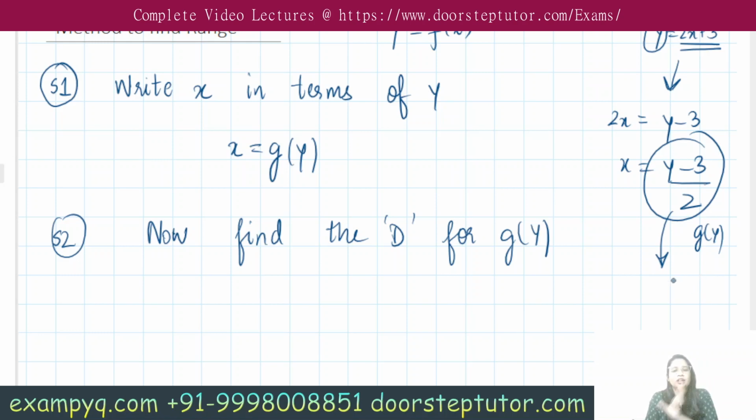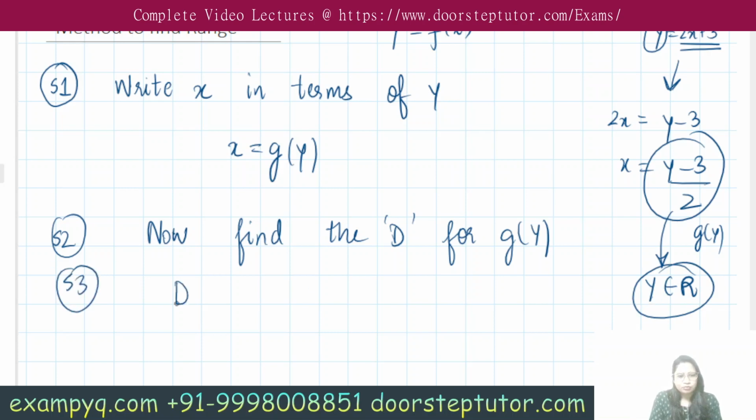So the domain D will be y belongs to all real numbers, because it doesn't have a square root, it doesn't have a rational kind of thing. That's why the domain is all real numbers. Now step 3: the domain of your g of y is actually nothing but the range of f of x.